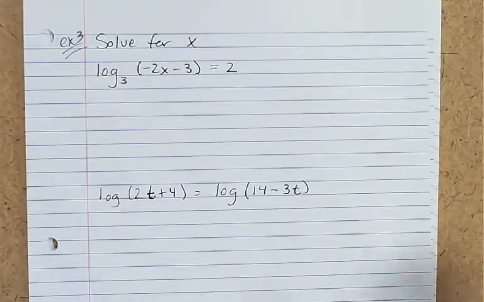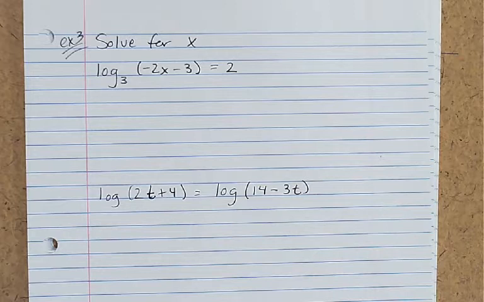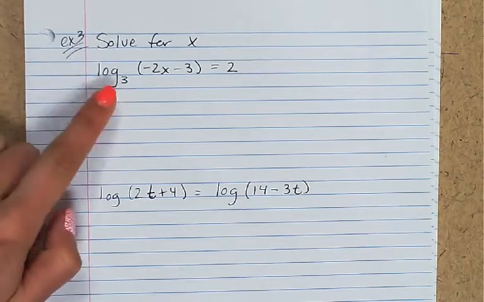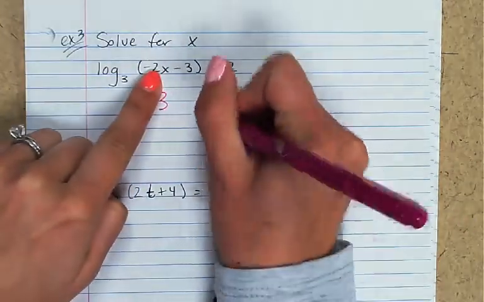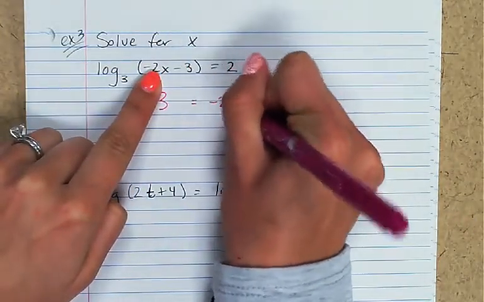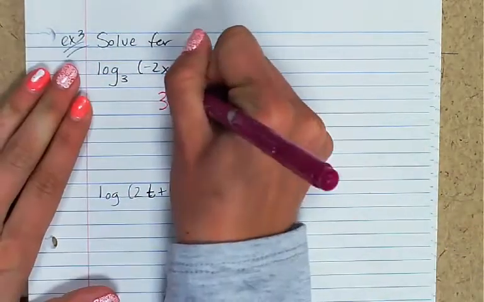Okay, so now let's look at some where we're solving. So it says solve for x. So right now we're in logarithmic form. It says log base 3 of negative 2x minus 3 equals 2. So if we switch it to exponential form, it's going to help us out. So base, answer, exponent.